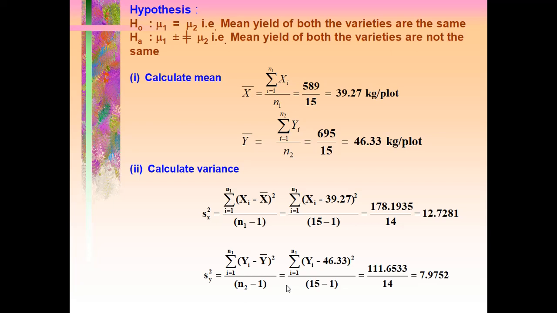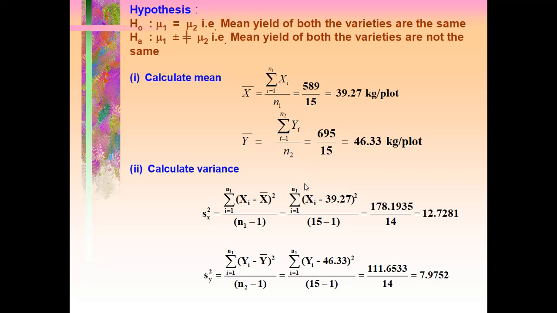As per the procedure, first of all you have to work out the mean of both the groups, that is x bar and y bar. Here you can see these are the values of the mean performance of the local variety and the improved variety. Now you find there is a difference, but whether statistically it is different or not has to be confirmed, and for that we need the value of the standard error of the difference of means in the case of the two sample t.